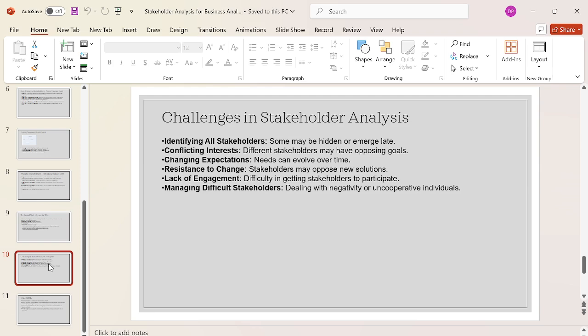Dealing with these stakeholders is a very challenging task. So first, be polite with them, listen to them first, and then take your actions. That's what you should do with stakeholder challenges.